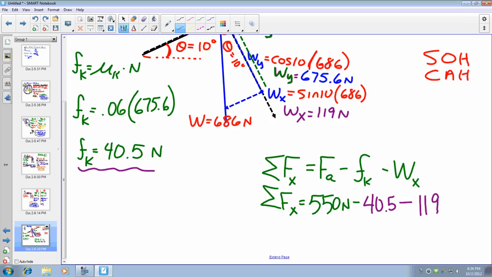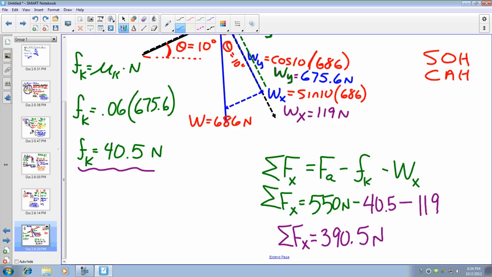So let's plug this in, 550 minus 40.5 minus 119. The sum of the forces in the x are going to be equal to 390.5 newtons.